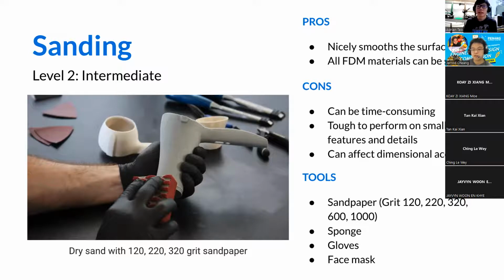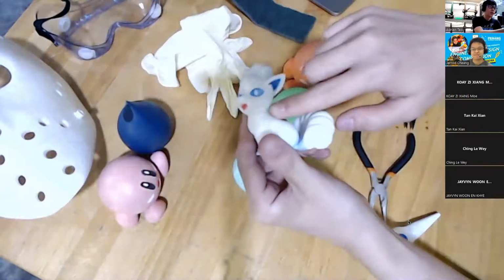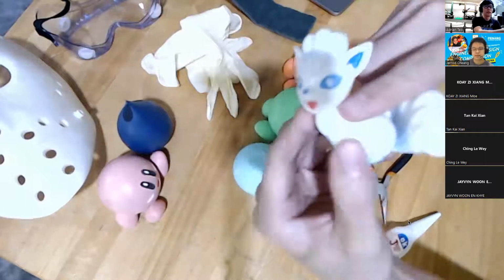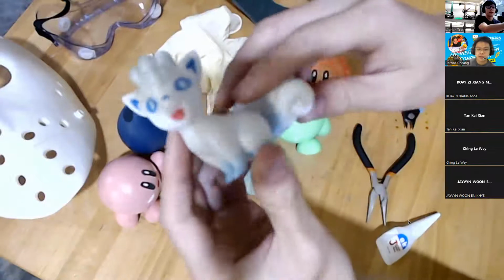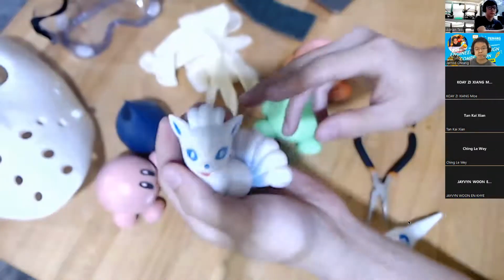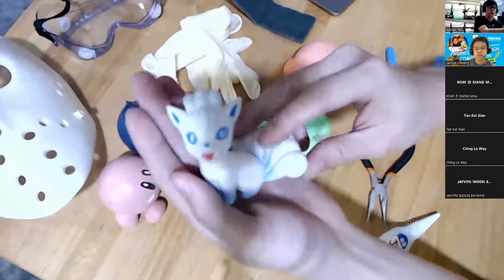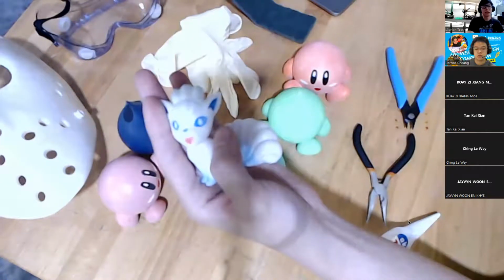And when it comes to tiny little features like my little Valpix here, all these little corners, the area below, sorry, I can't zoom in. But every tiny little part is very difficult to sand. So that's the disadvantage of sanding.